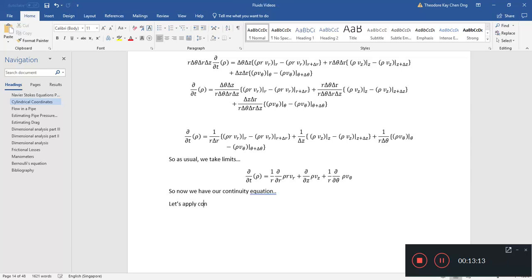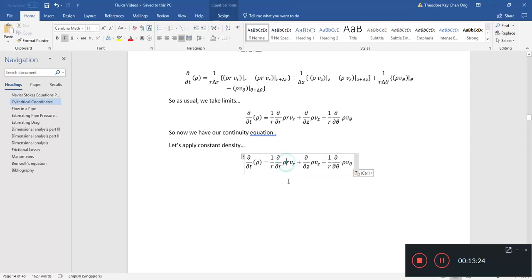Let's apply constant density. We apply constant density as usual, so we can take all the density out. This one will just disappear because it's constant density, so the left hand side becomes 0. I can take rho out here. Again, the density doesn't vary with z because it's constant, rho here, and it doesn't vary with theta either, so again rho here.